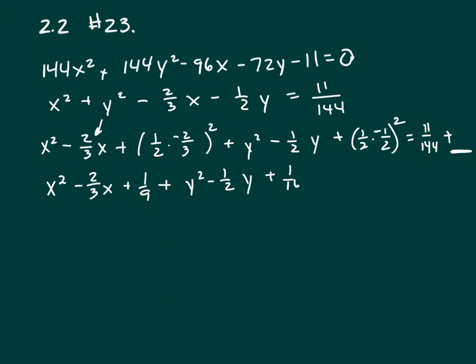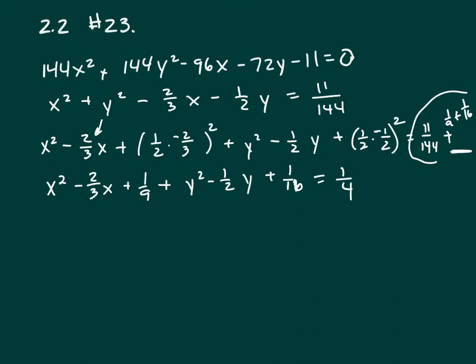And then I've got to add to this side a 1/9 and a 1/16. 11 over 144 plus 1/9 plus 1/16 equals, now I did this on my calculator, and it was 1/4.